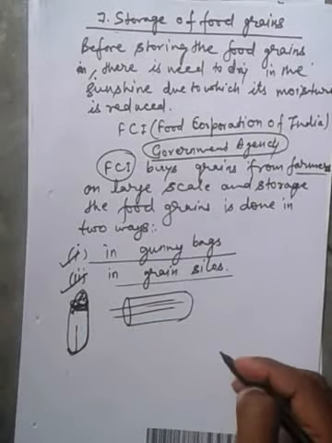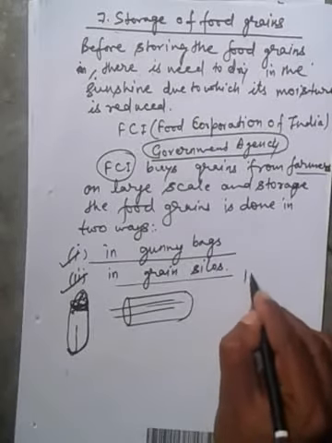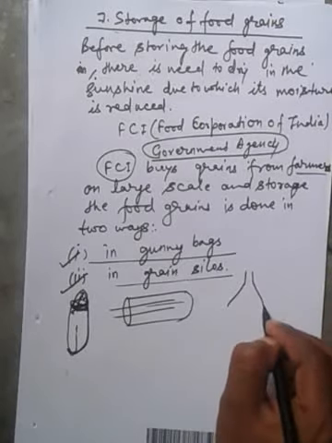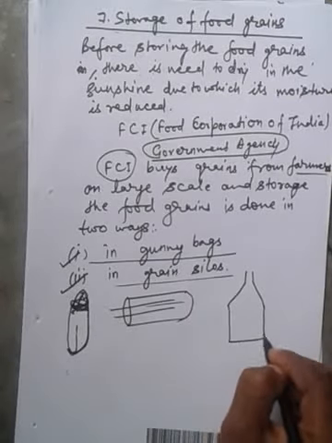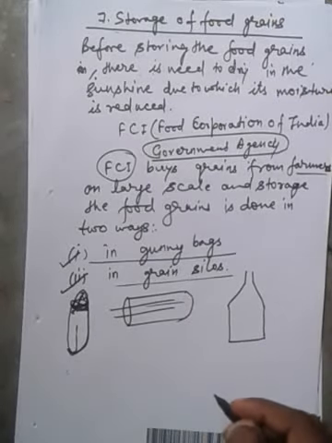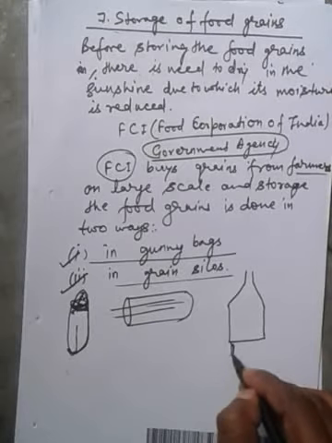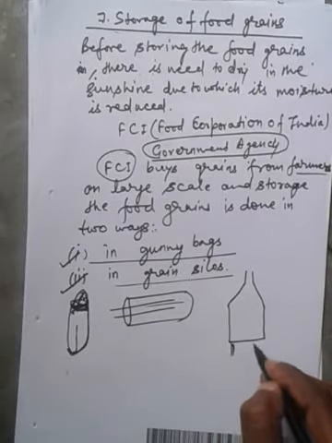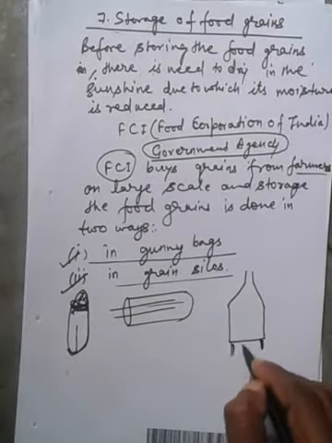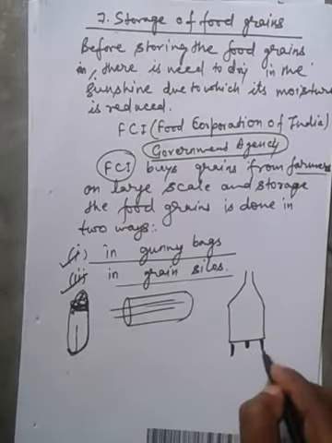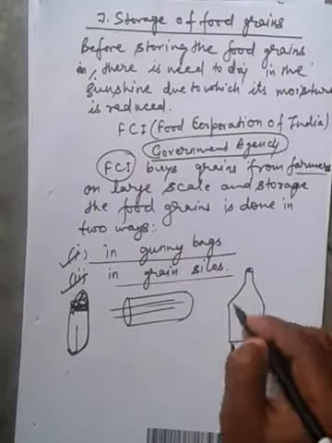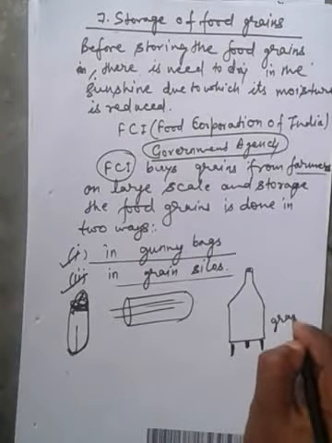Silos look like containers in these shapes, and they are away from the reach of moisture from the ground. These are called grain silos.